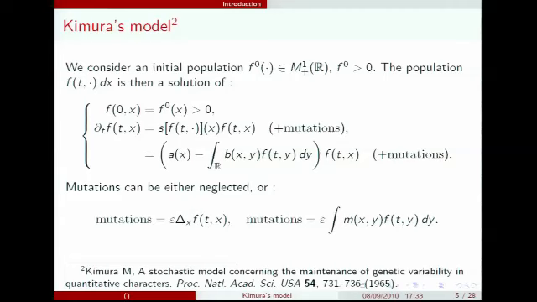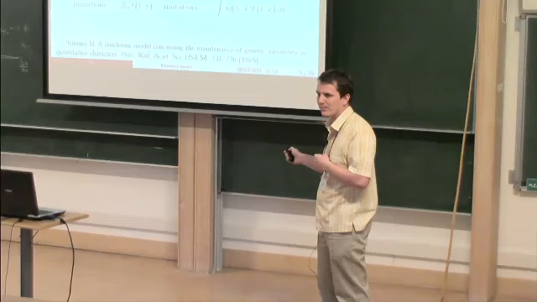This model has been proposed by Kimura in the 60s, I think. And it's a very simple one. It just says that the evolution of the population is equal to the fitness times the population. All right? So that's something very natural. And you can add to this the mutations.